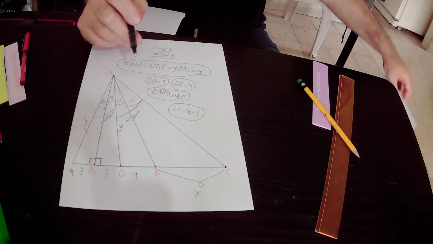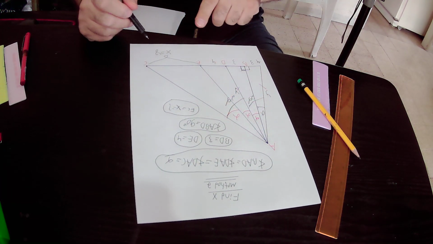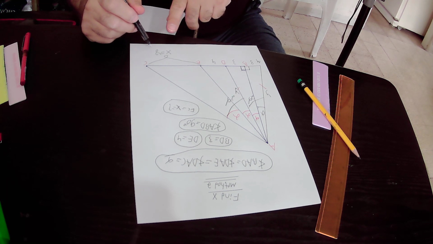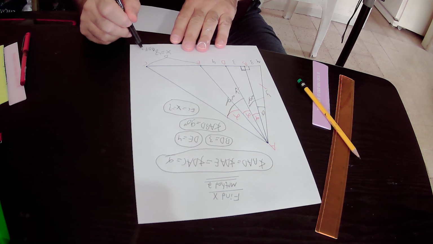So we can write here that x equals 8 units, or in other words, the value of EC that equals x is 8 units.